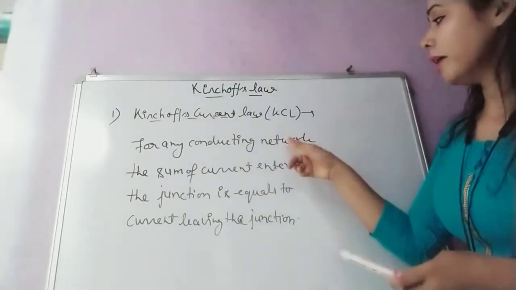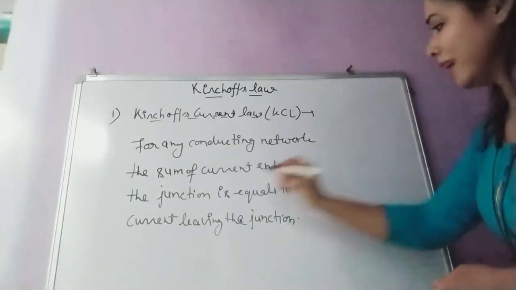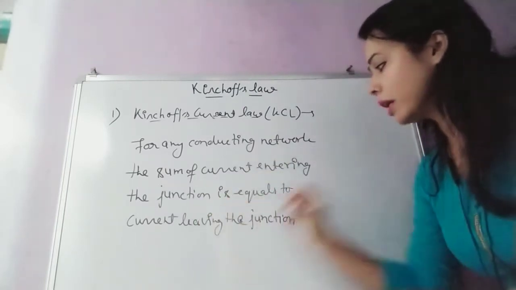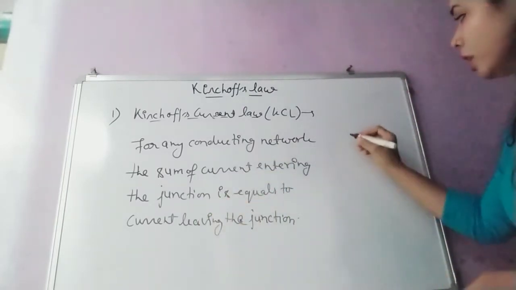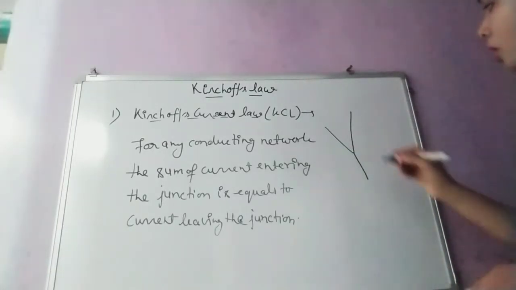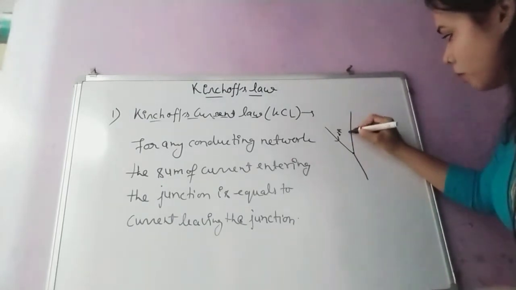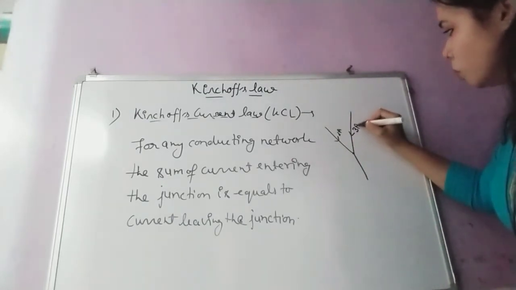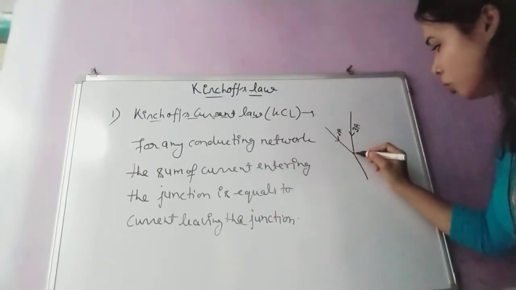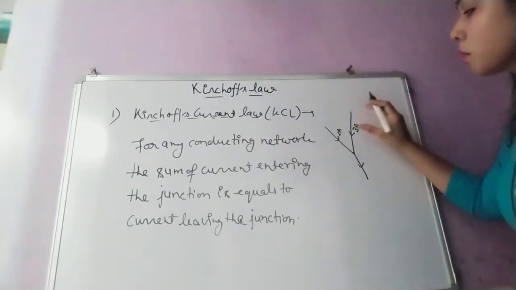Okay, so what is that? For any conducting path, the sum of current entering the junction is equal to current leaving the junction. So what will you write? See, suppose this is the junction. If 2 ampere and 3 ampere current are entering this junction, one from this side and one from this side, then the current leaving the junction must be equal to this.